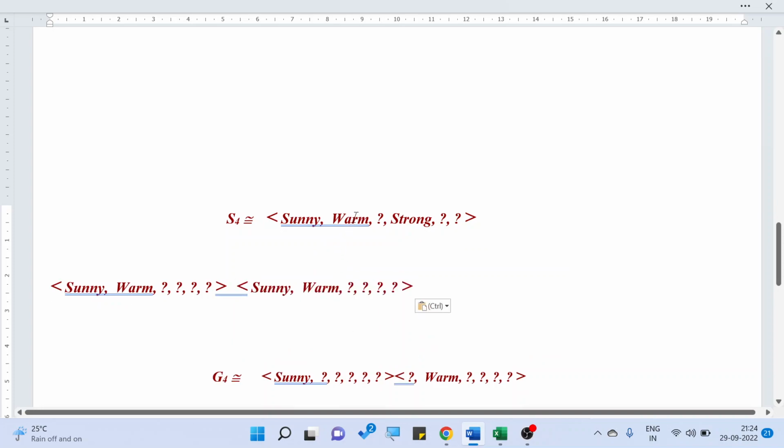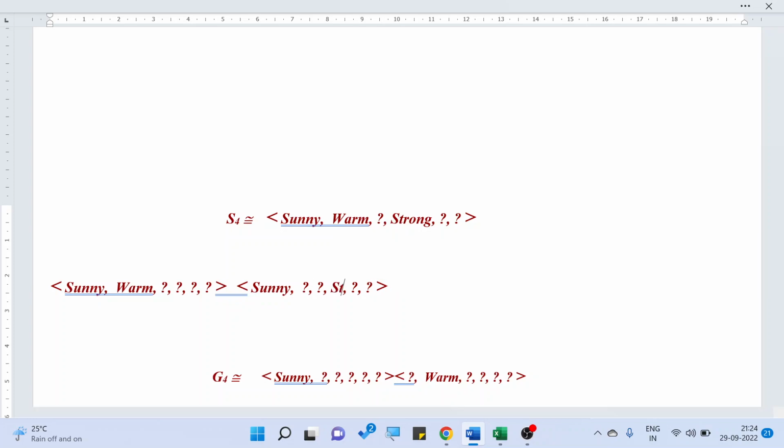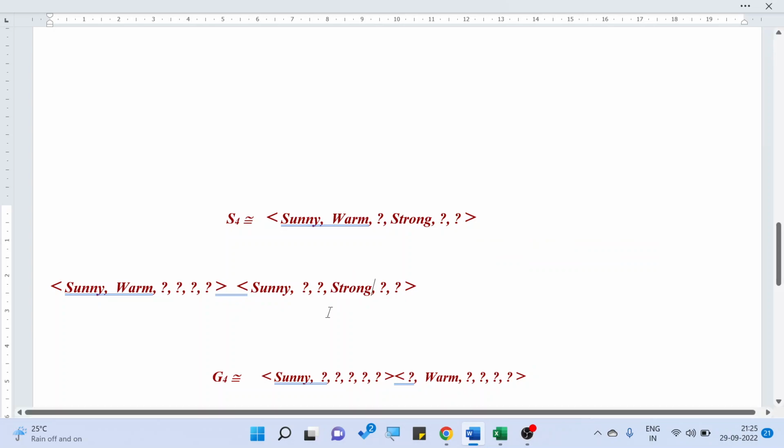Sunny, keep all the question marks, and strong. That is one. Then we can keep all these as question marks and warm.